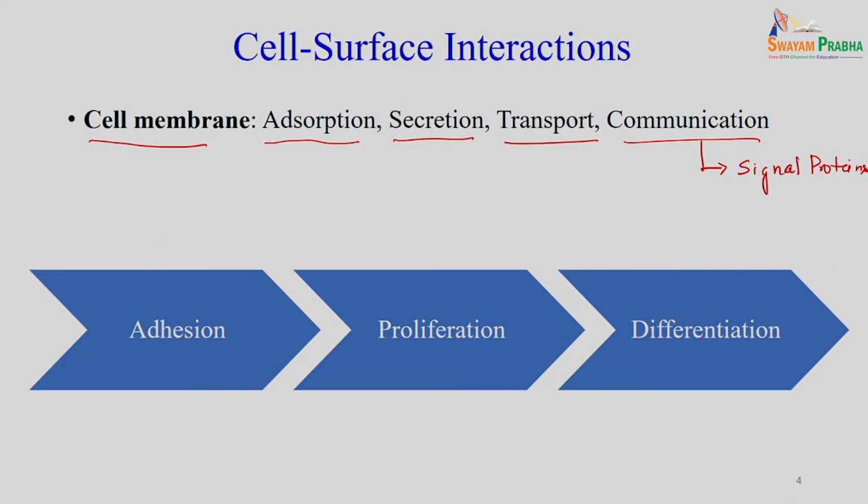So, you can say the outer layer of the surface and the outer layer of the cell membrane interact, and that interaction decides the type of interaction.